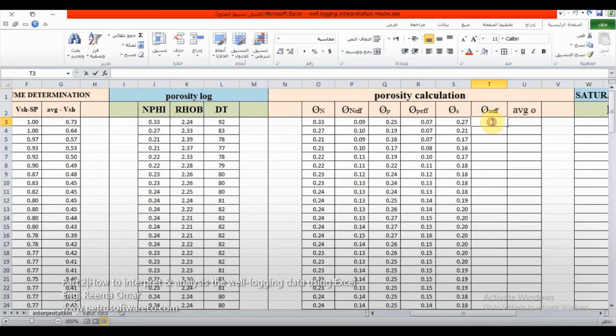Then estimate the effective porosity: total sonic porosity multiplied by 1 minus shale volume, average shale volume.